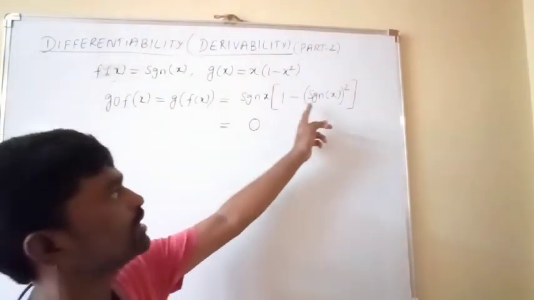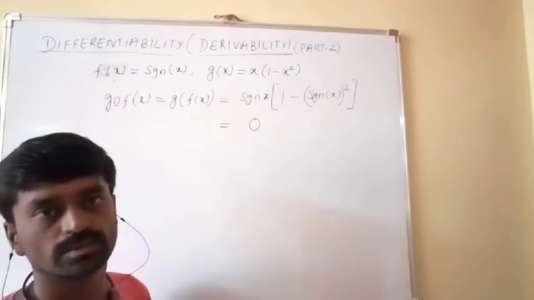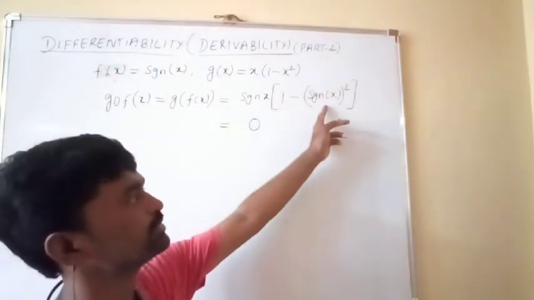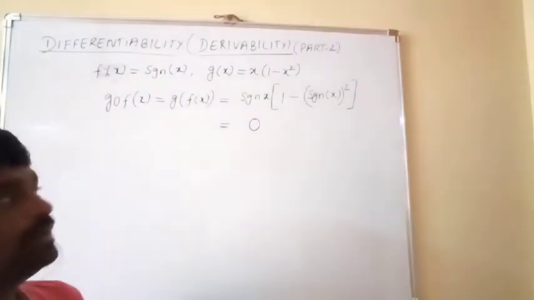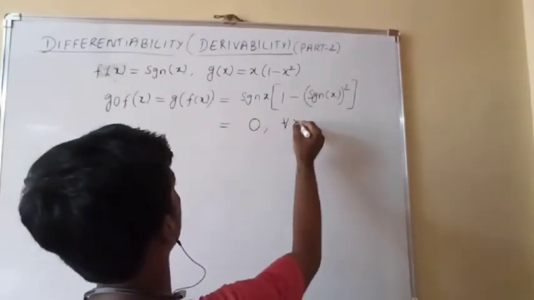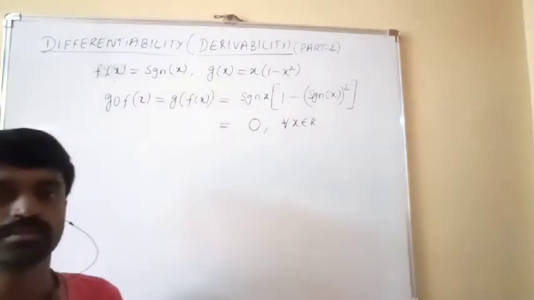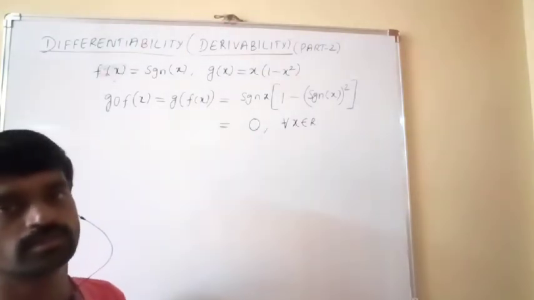So 1 into 1 minus 1 square? 0. When x is negative, signum function of x is minus 1. So minus 1 into 1 minus 1 whole square is plus 1. So 1 minus 1, 0. 0 into minus 1, 0. That means this gof function of x is 0 for all x belongs to R. So clearly gof function is 0, which is a constant function. So it is continuous and differentiable everywhere.